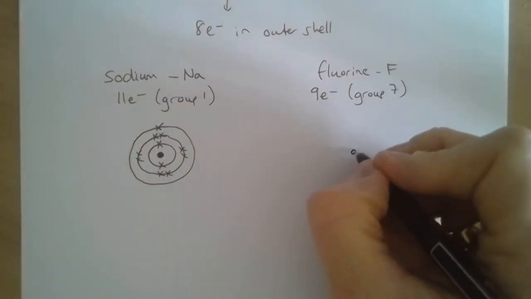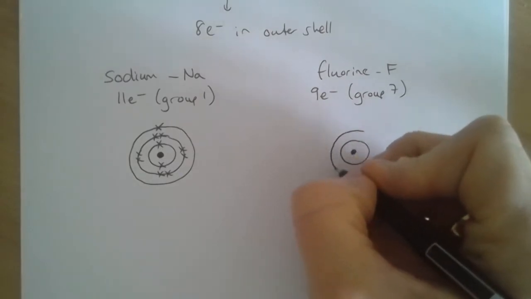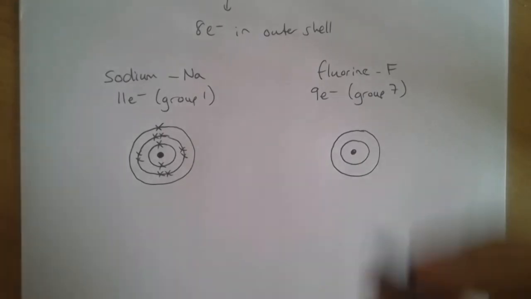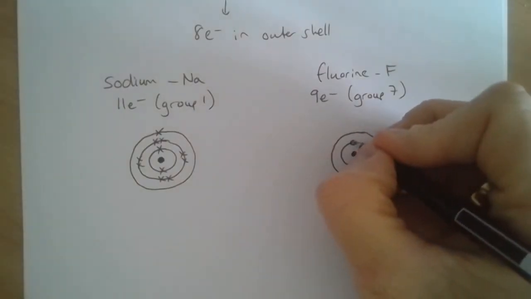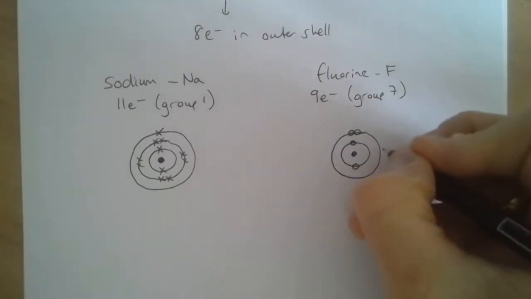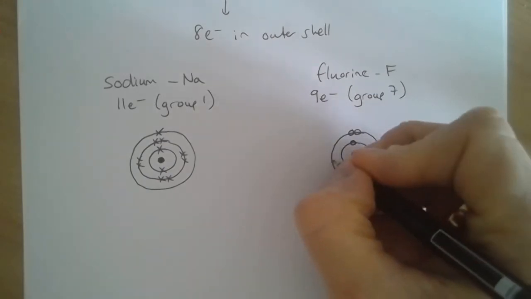Let's do the same for fluorine. This time, rather than using crosses to represent electrons, I'm going to use little circles or dots. It's still the same electrons. It's just going to help me in a minute to keep track of my electrons when they start getting moved around. So fluorine has 9 electrons.